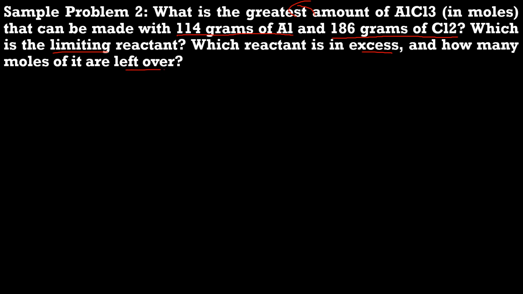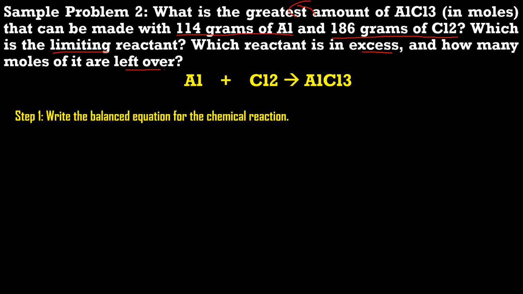With this problem, we can come up with this equation: Al plus Cl2 yields AlCl3. If we check, the given chemical equation is unbalanced. That's why we need to write the balanced chemical equation for the chemical reaction.